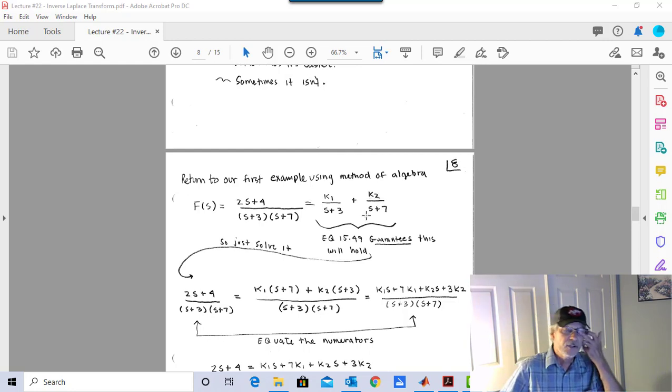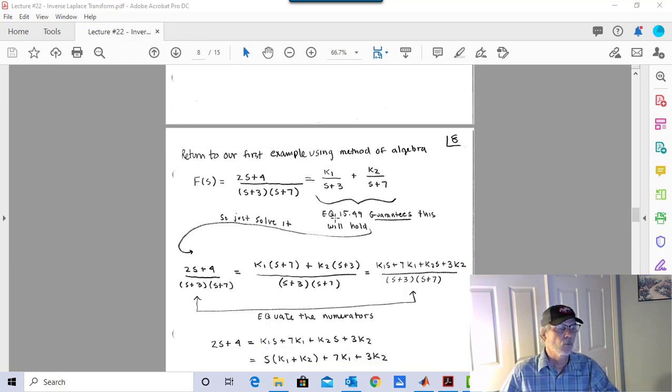So here's what we're going to do. We're going to put this side over a common denominator. And the common denominator will be (s plus 3) times (s plus 7). You may say, why are you going to do that? Because if they're both over a common denominator, I can blow off the denominator and just equate the numerators. So I'm not doing this blindly. That's why I'm getting my common denominator.